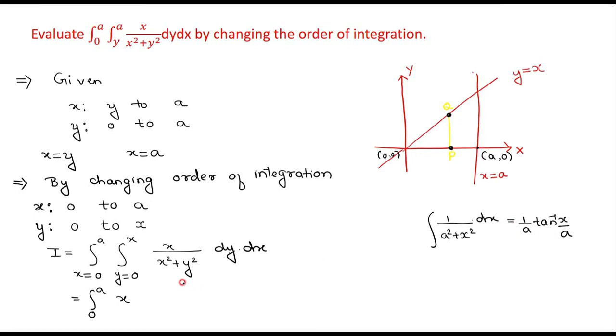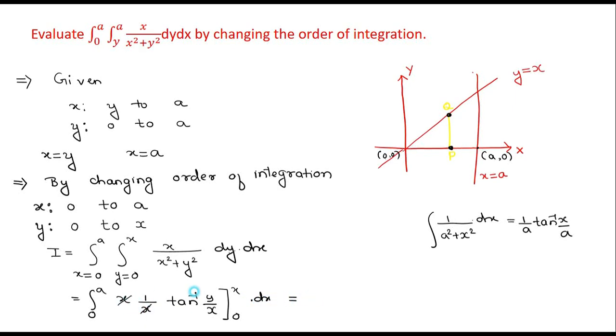So in this case a is equal to x. So we have the integration as 1 by x tan inverse of y by x, from 0 to x, dx.